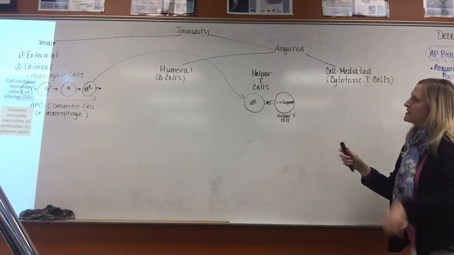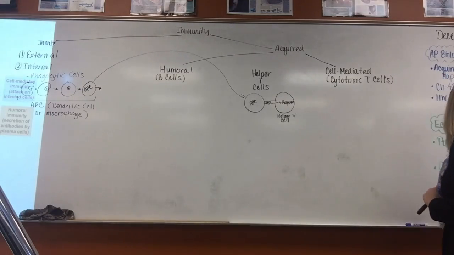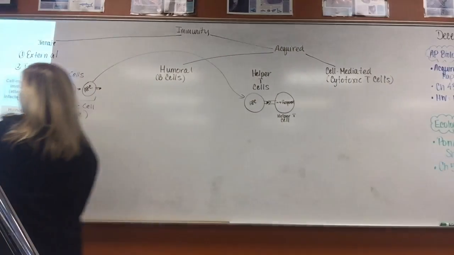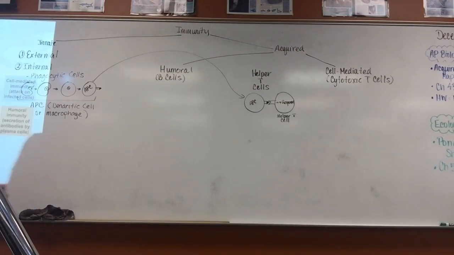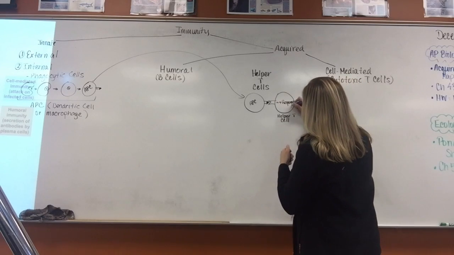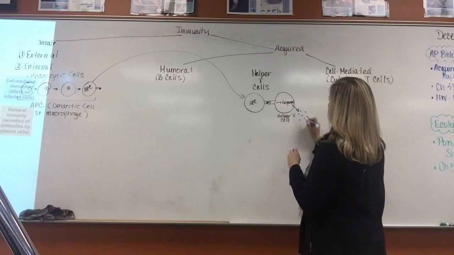What's the response that's going to happen inside the helper T cell? The helper T cell is going to make and release these molecules called cytokines. That's your response, the cytokines being released. So here we have the release of cytokines. I'll put that in blue here.